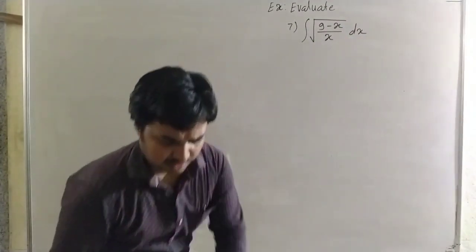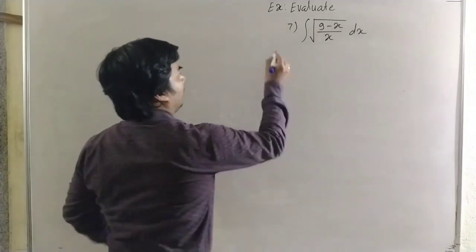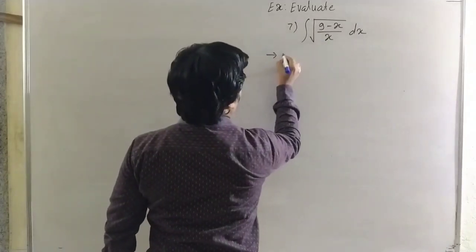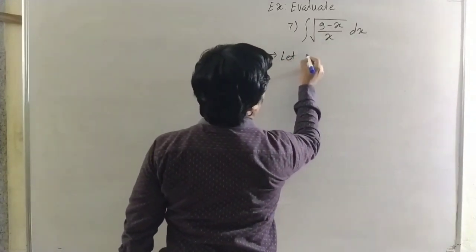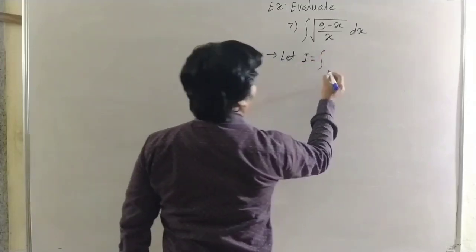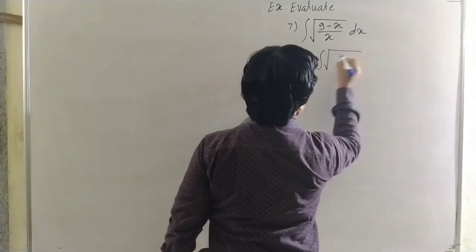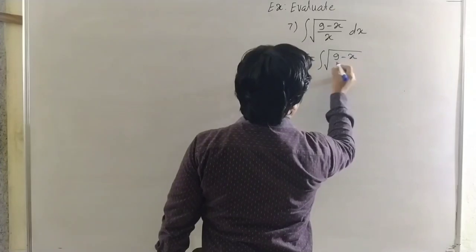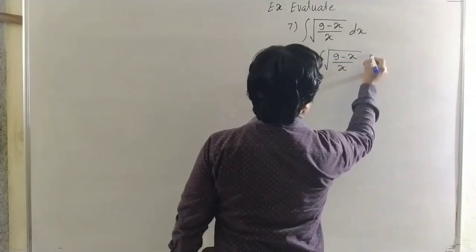Here it is the same as the last example. Let the integral be equal to under root of 9 minus x upon x dx.